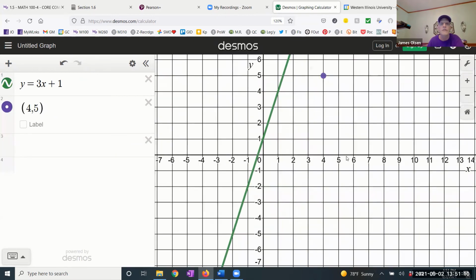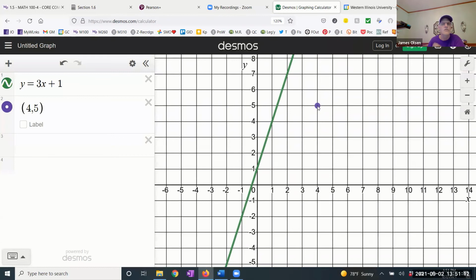And 4, 5 is going to be right up here. Notice that 4, 5 is not on the given line. What we want is a line parallel. And I'm going to just eyeball it here. Let me get my little pen. So the line we want is going to be going through this point. So it's going to be a line something like this, parallel to the given line. Parallel means it needs to have the same slope.